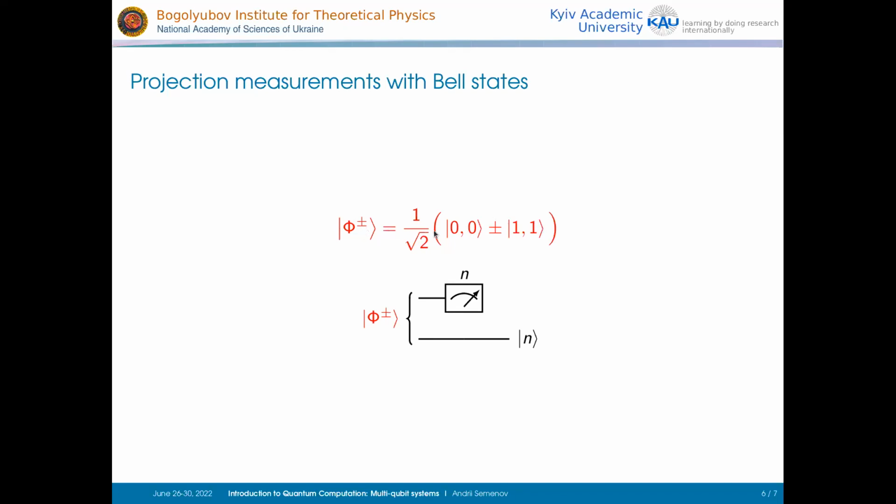This is like an action of a projection operator. So when here is n, you get here the state n. So when you get 0, this will be 0. When you get 1, this will be 1.